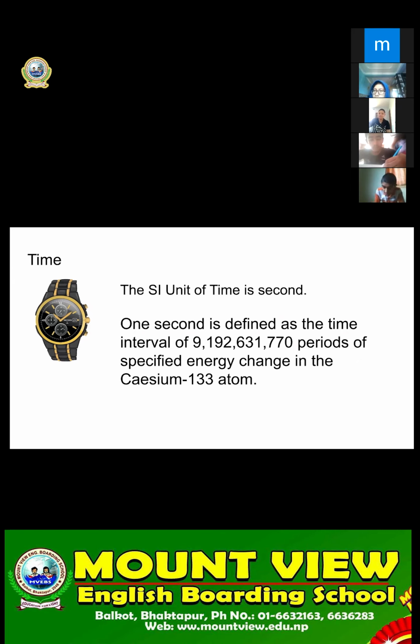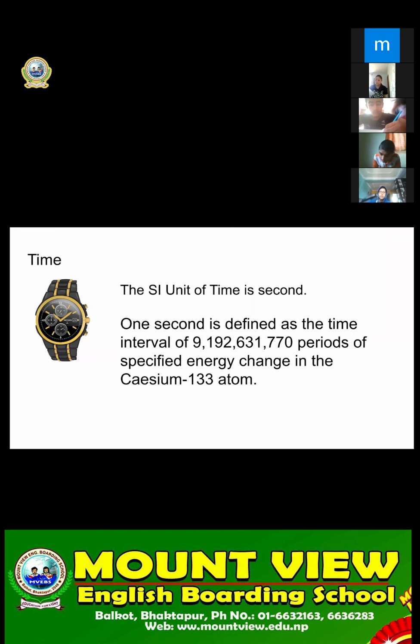Before we go to the definition of 1 second, let me say something about a cesium atom. This is an element, just like hydrogen, oxygen. We know elements, and one of the elements is cesium. The atomic number of cesium is 55, but the atomic mass is 133. When we take an atom of cesium-133 and bring that atom into motion, it vibrates so fast.